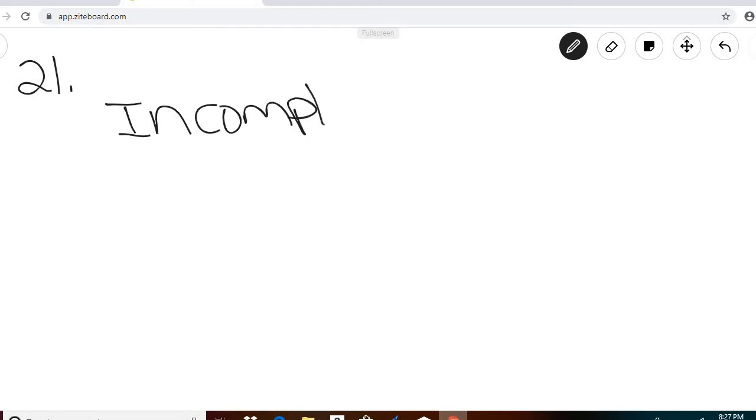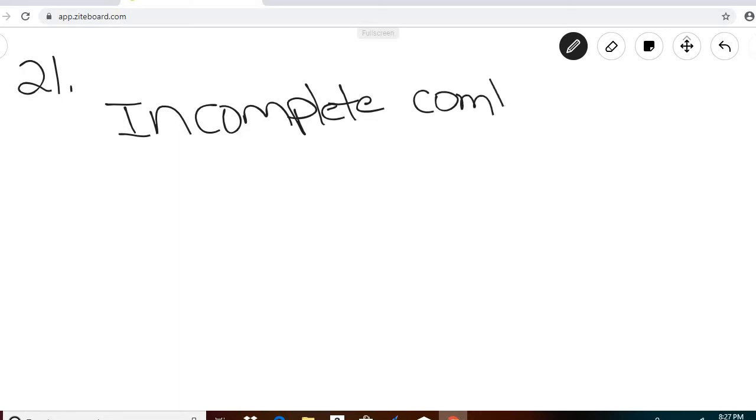Okay, number 21 says if a fireplace has poor airflow, what type of reaction should you be concerned about and why? So first of all, with poor airflow in a fireplace, you can get incomplete combustion.